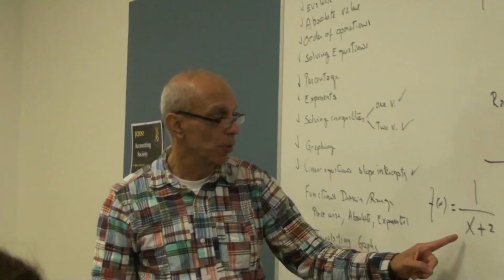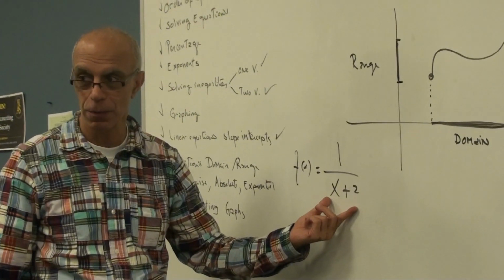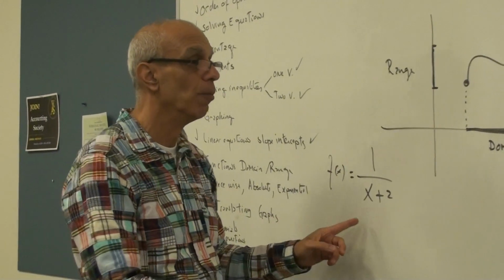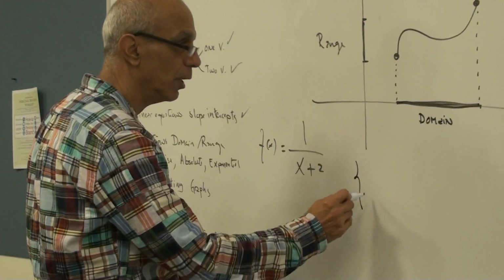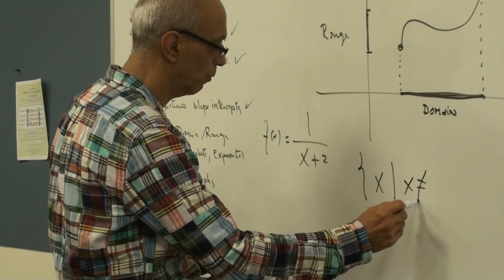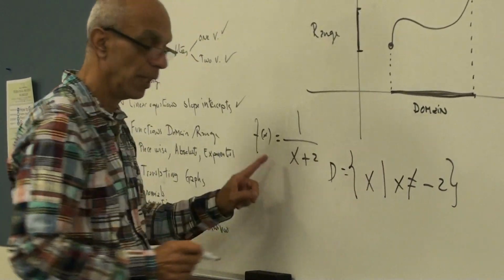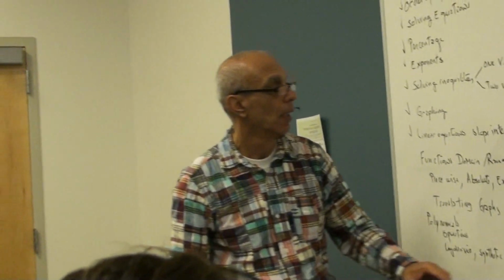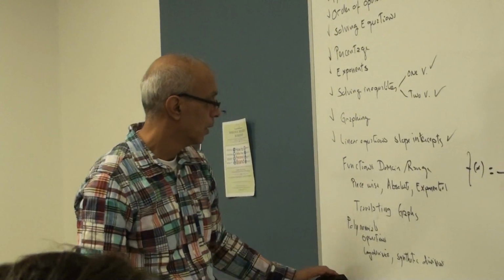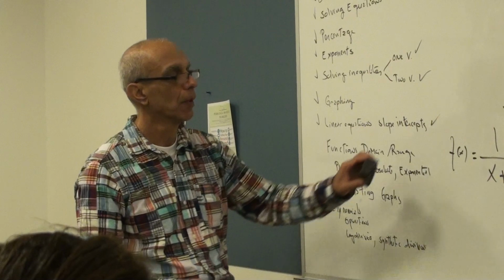If I put minus 2 here, minus 2 plus 2 is going to be 0. So the domain now here is going to be the set of x so that x is different than minus 2. Okay? That would be the domain for this one. All right? So we covered domain and range.